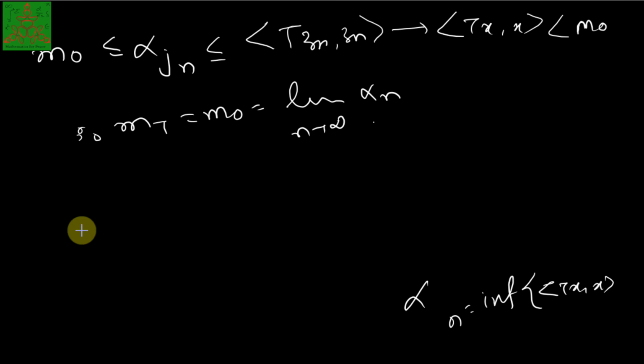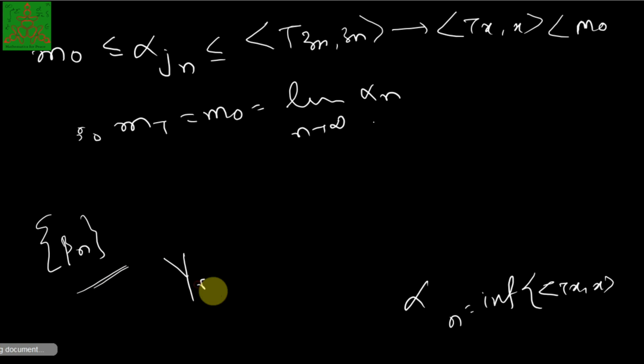In the same way we can observe that this beta n is a non-decreasing, bounded above sequence because it is a supremum, and Yn is the linear span of x1, x2, up to xn. If you add one more point, it will be increased.